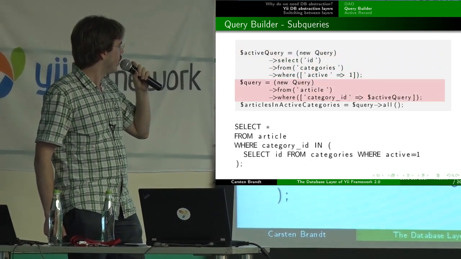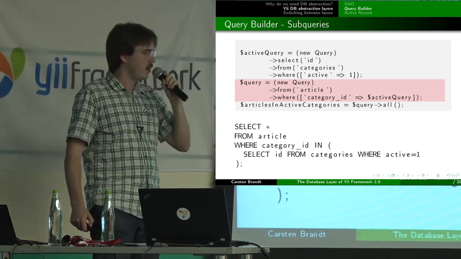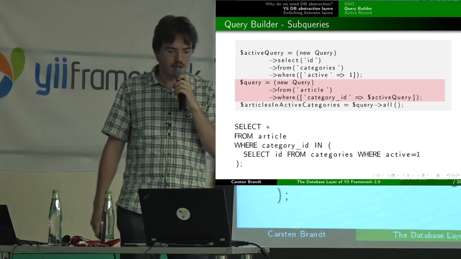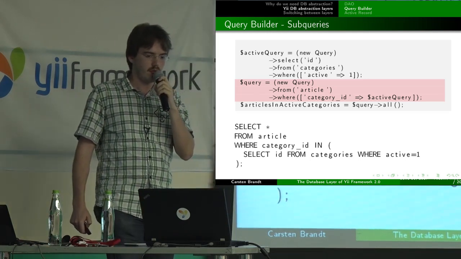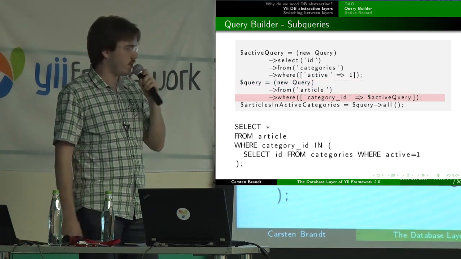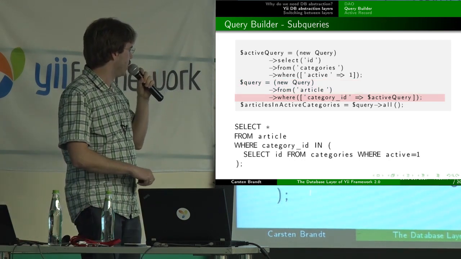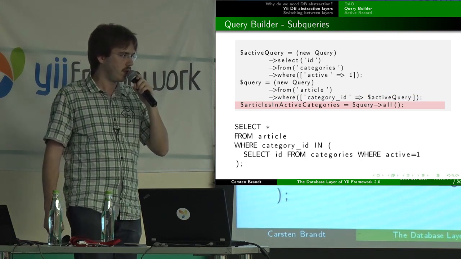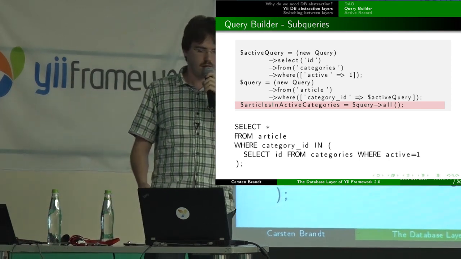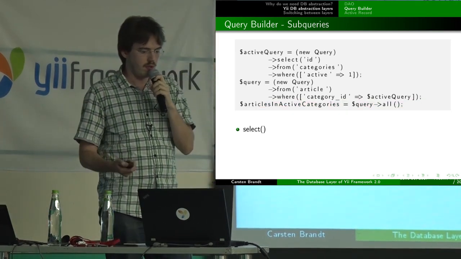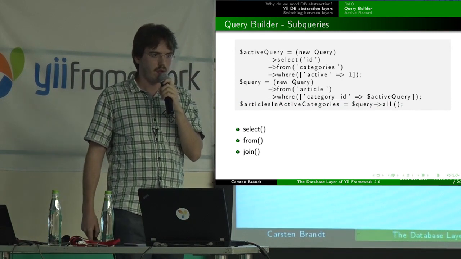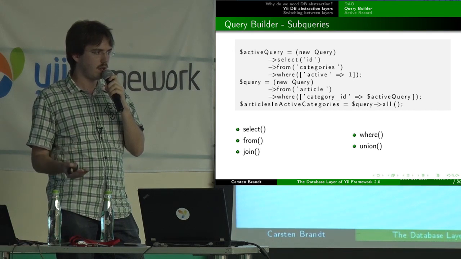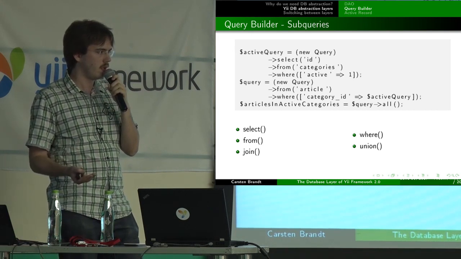In the next query, we create a query select from articles and select where the category ID is in the active categories, and then retrieve the result. What you see here is the equivalent SQL query for that. And this also works not only in where, also in select, in from, join, where, and union. So every possible nested SQL query can be built with the Yii query builder in that way.